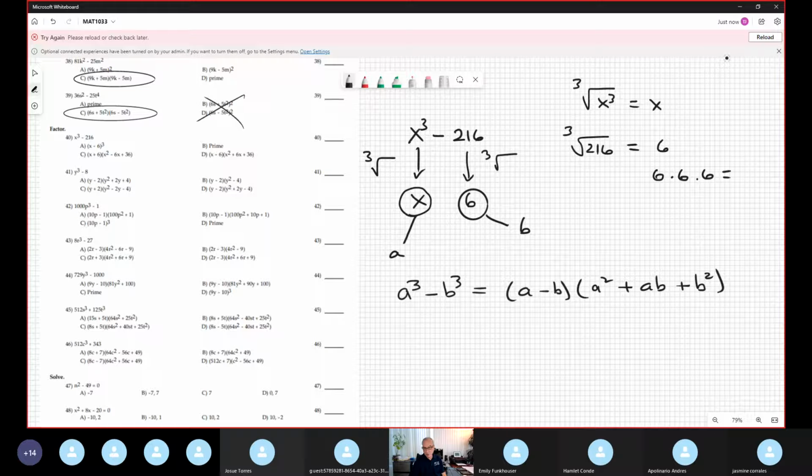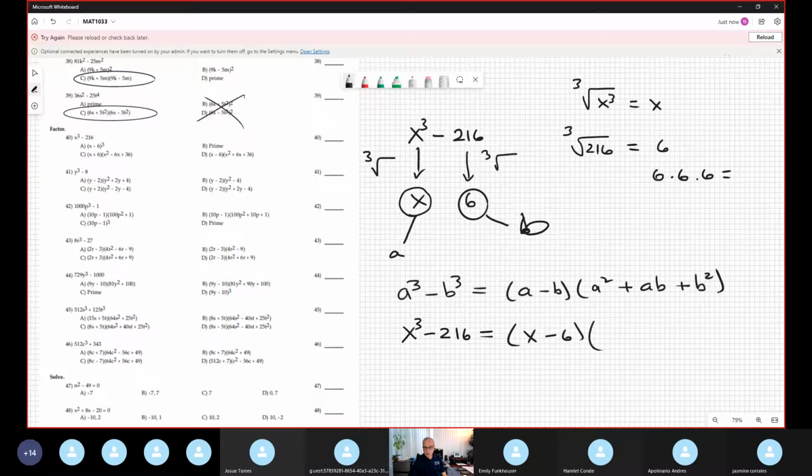This is my formula. In our specific example, x cubed minus 216 is algebraically equivalent to x minus 6, because A is x and B is 6.